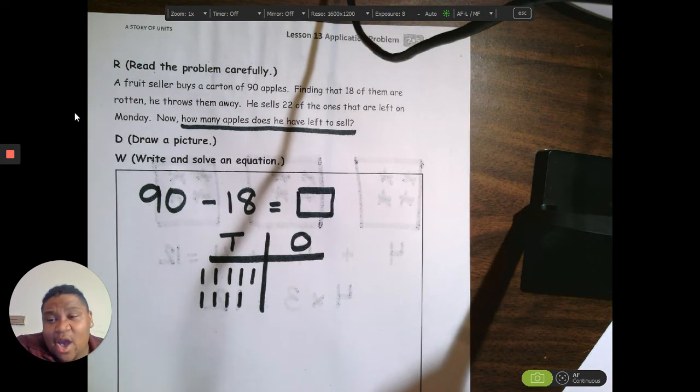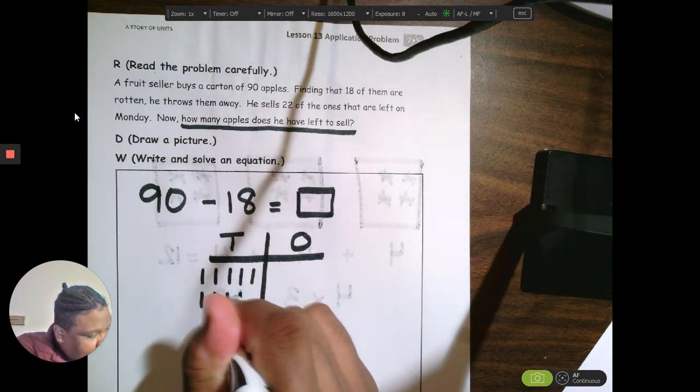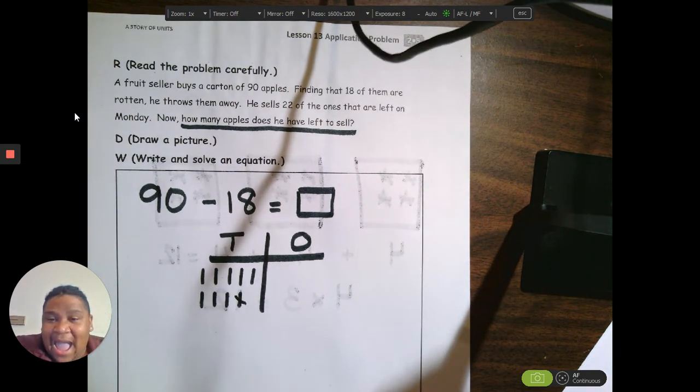But I need to take away 18. So it says that I must take away 1 ten. So let me take away 1 ten. And now I need to take away 8 ones.